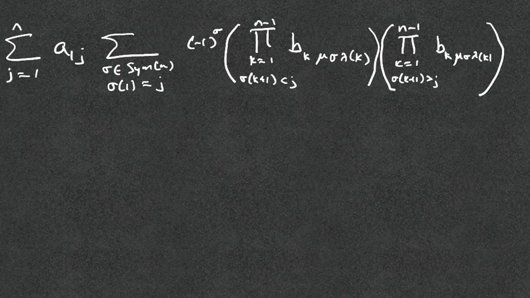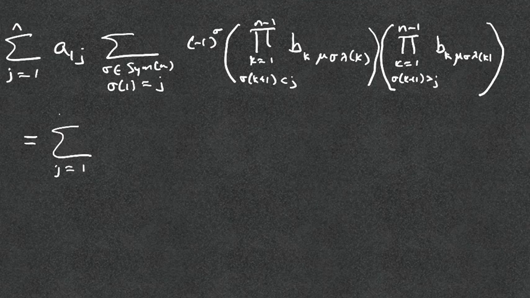Now, since both of those indices end up looking the same, there's not really a distinction between sigma of k plus 1 being less than j and sigma of k plus 1 being greater than j. So we are able to put those back together as one product.